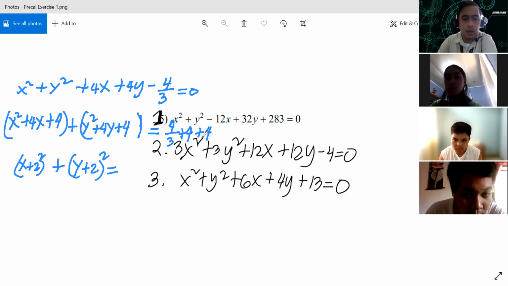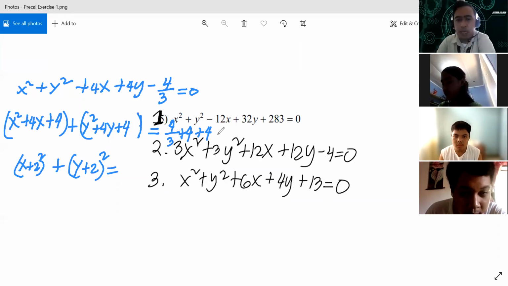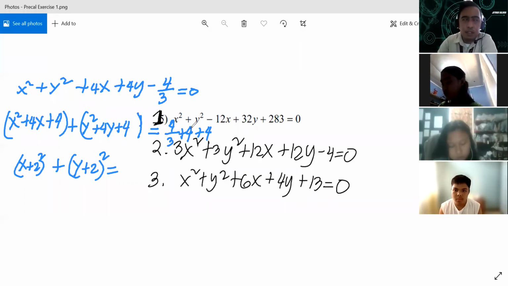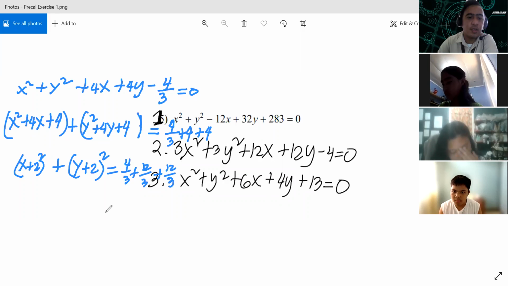And it is just equal to, you need to make them having denominator of 3 to make it easy. So this becomes 12 over 3. It becomes 4 over 3 plus 12 over 3 plus 12 over 3, so that it will be easy for us to combine them.